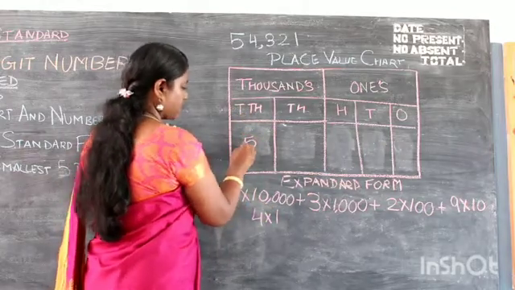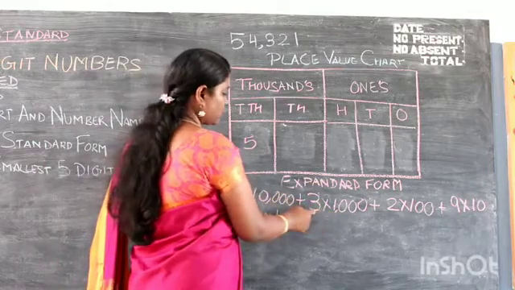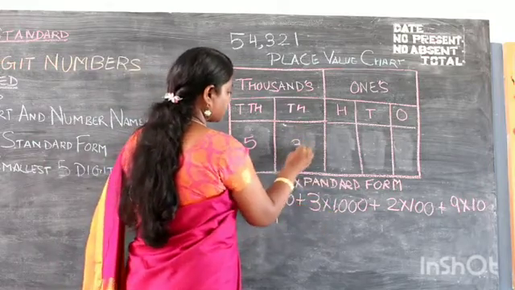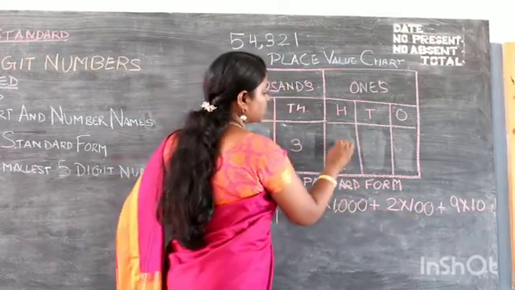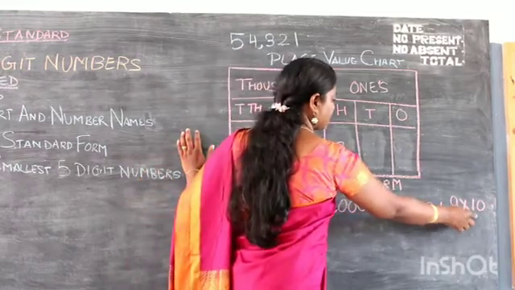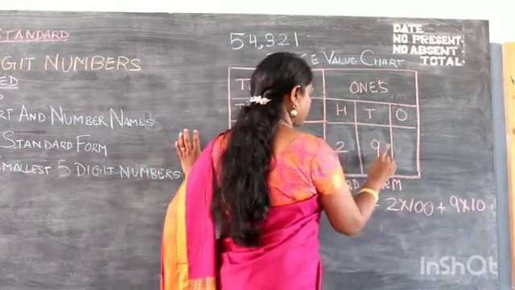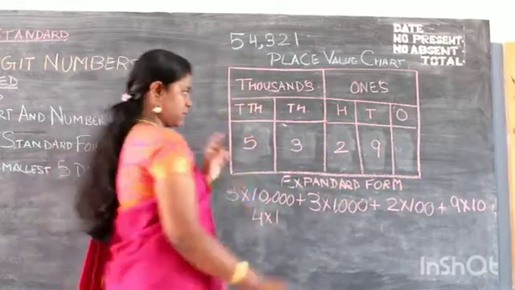Now your 3 is multiplied with 1,000, so your 3 will come in thousands place. Your 2 is multiplied with 100, so your 2 is going to come in the hundreds place. Your 9 is multiplied with 10, so it is going to come in the tens place. And your 4 is multiplied with 1, so it is going to come in the ones place.